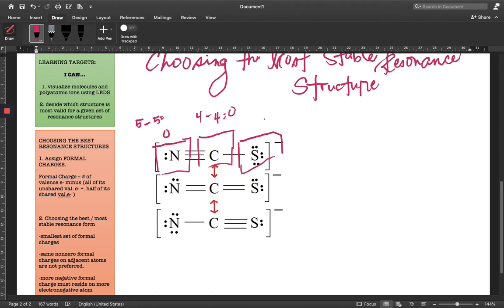If you look at the periodic table, sulfur has 6 valence electrons minus 1, 2, 3, 4, 5, 6, 7. So this is 7. So 6 minus 7 is equal to negative 1. Okay? Therefore, in our first resonance structure, we have the following formal charges: 0, 0, negative 1.